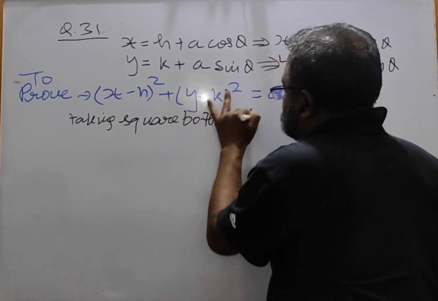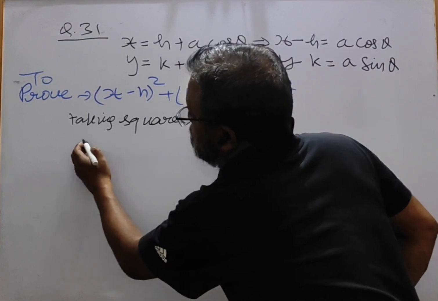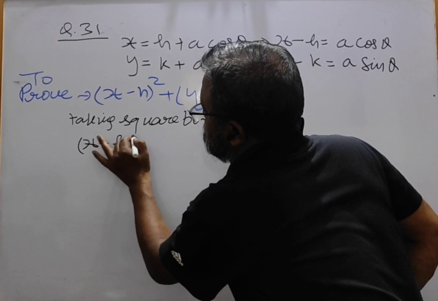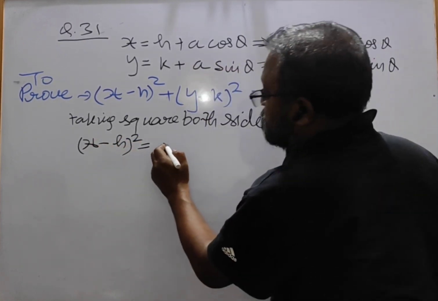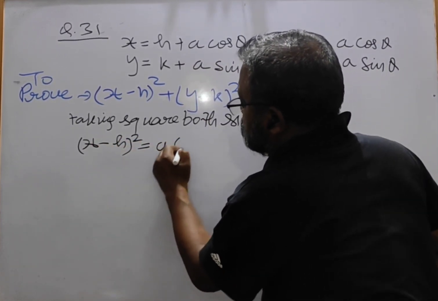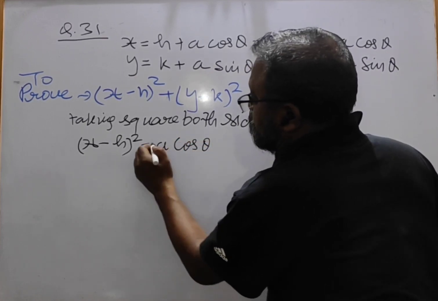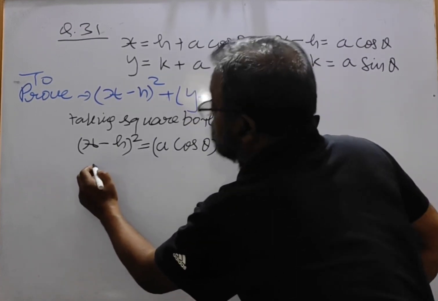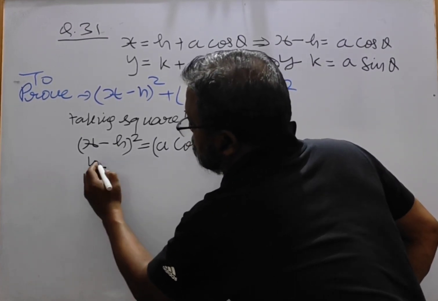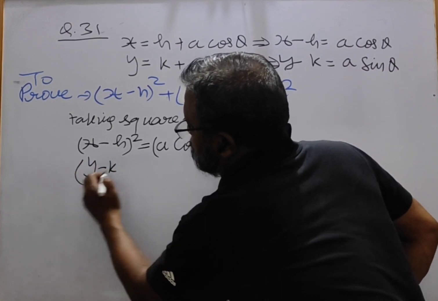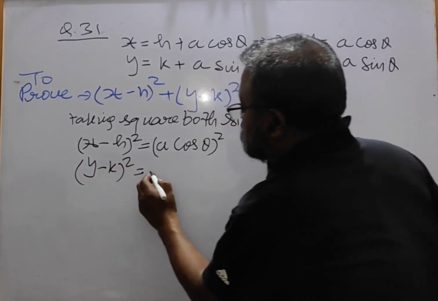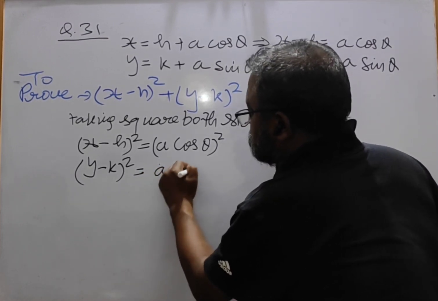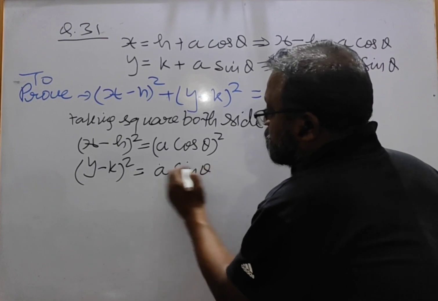Taking square both sides, so (x minus h) whole square is equal to (a cos theta) whole square, right? Similarly, (y minus k) whole square is equal to (a sin theta) whole square.